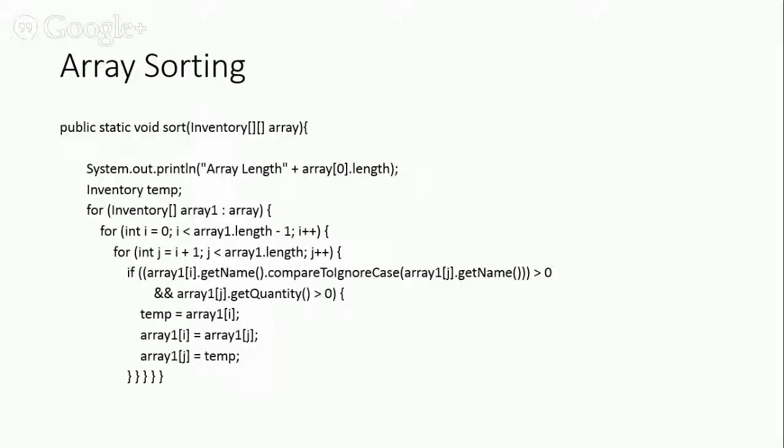Then down at the bottom, when it says temp equals array1i, it takes the first one that is comparing, if it is alphabetically behind that one, and it'll assign it to temp, and then it'll take the second one that it was comparing and assign it into the first spot, and then it will take the one that was in the first spot but is now in temp and assign it to the second spot.